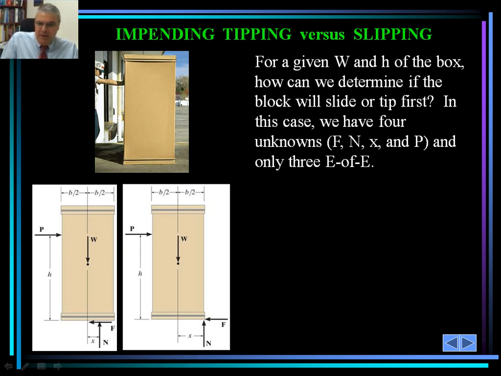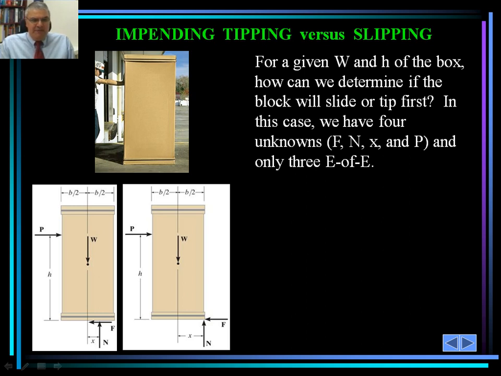Okay, so let's take a look at some of the cases here before we start an example. Let's take a closer look at impending tipping versus slipping. And that's where the overturning moment comes into play.